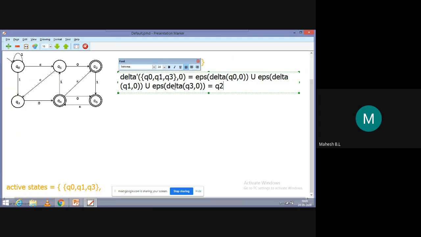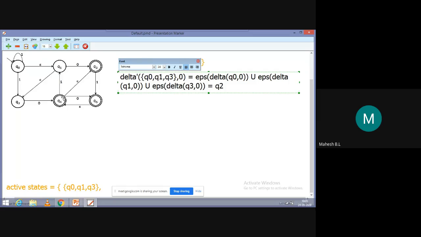Then one more is there, delta of q3 comma 0. What is q3 comma 0? q3 comma 0 is q4, right?